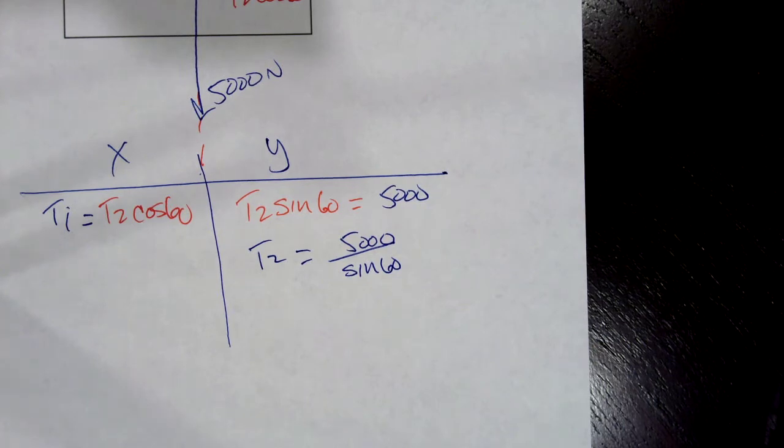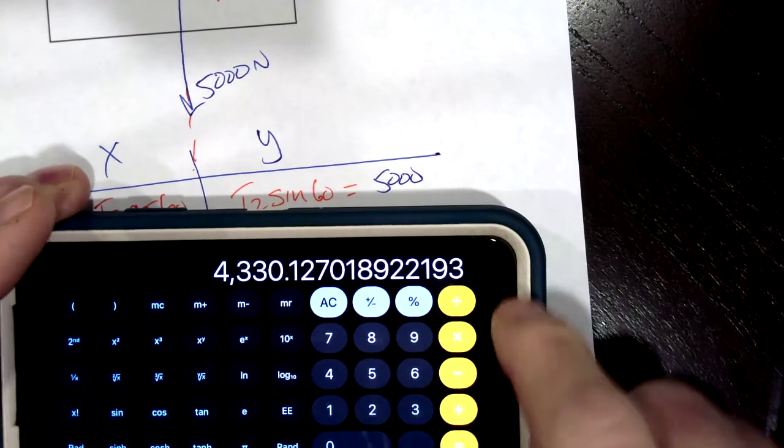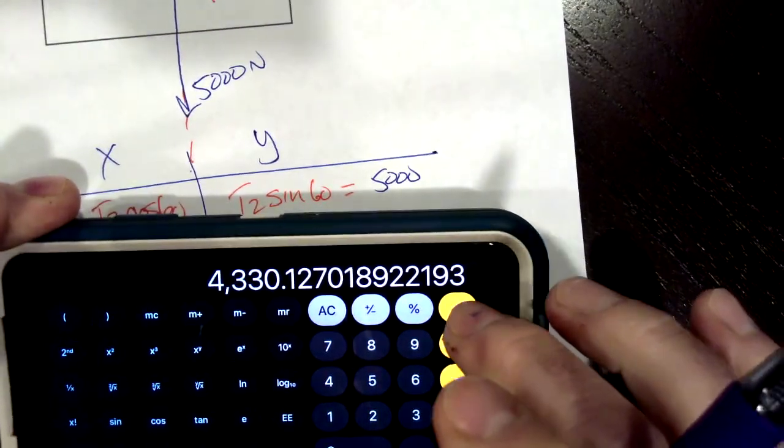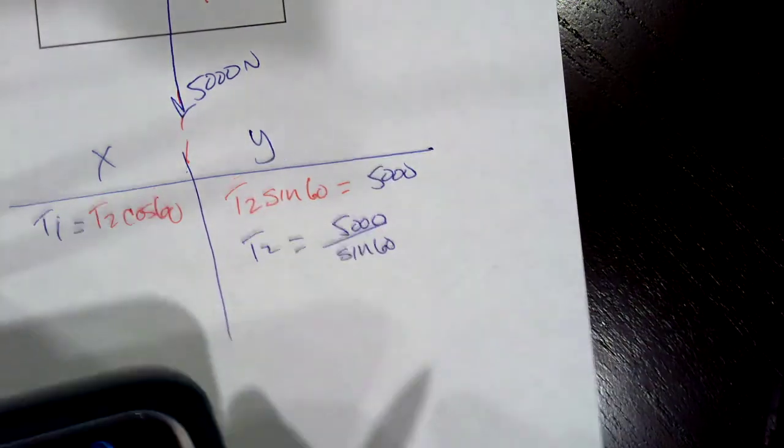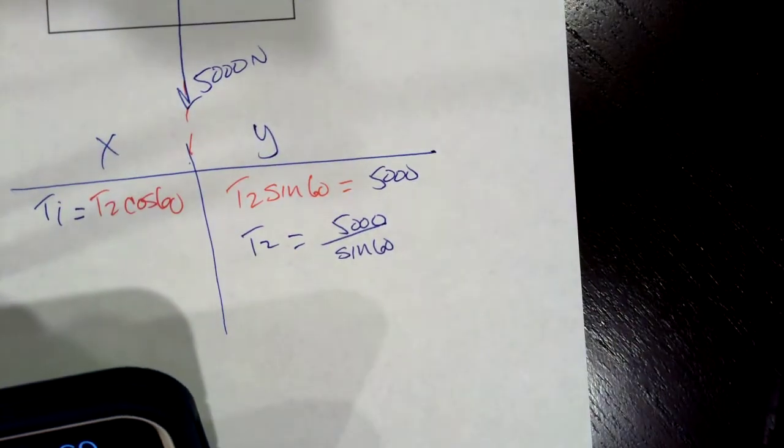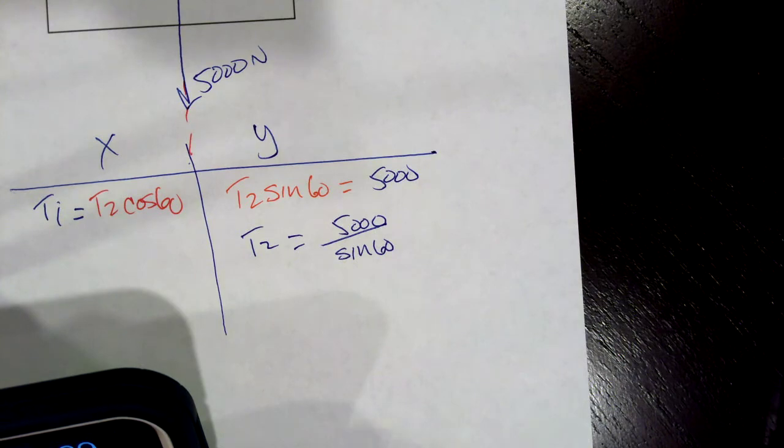Need a calculator for that one. A little rounding.